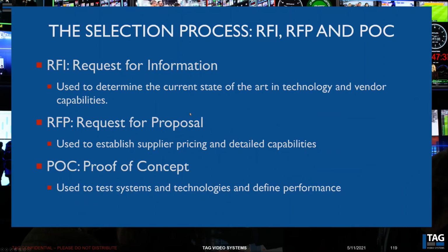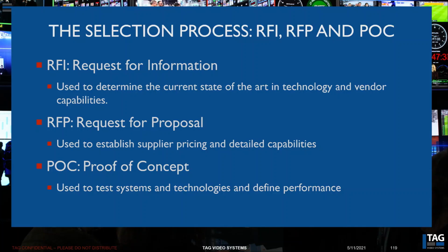So the process can use any of these three: an RFI, a request for information, an RFP, request for proposal, and a POC, proof of concept. All of these will take time and potentially slow down your migration, but they also provide really valuable information and decision points along the way.